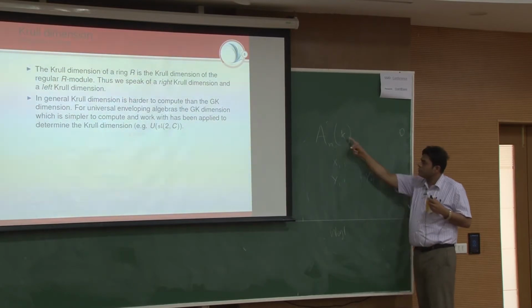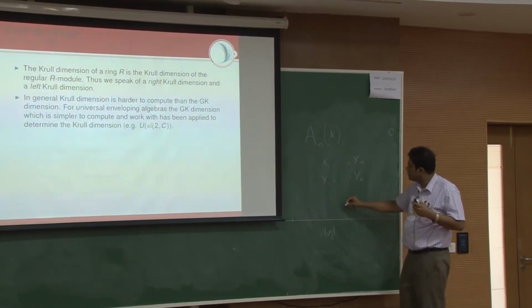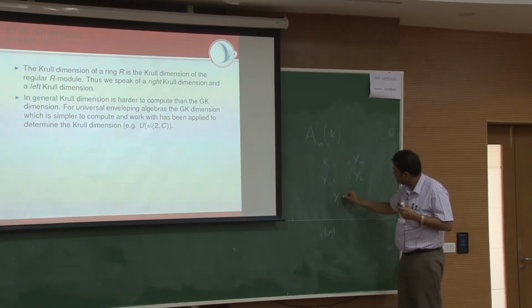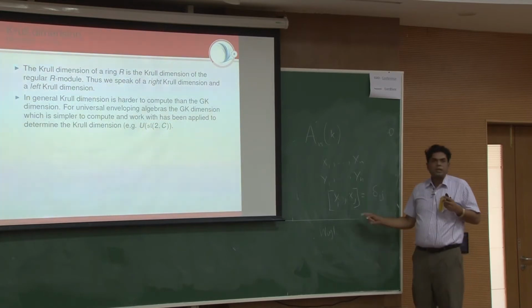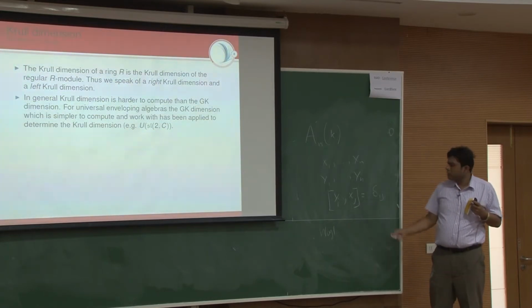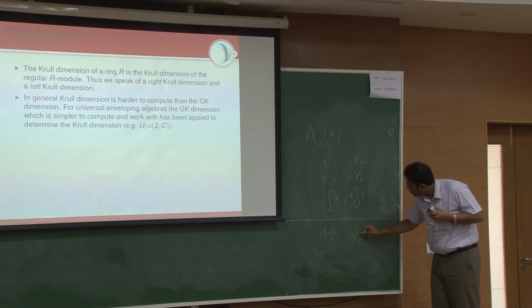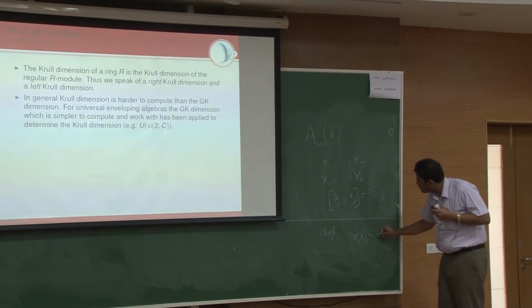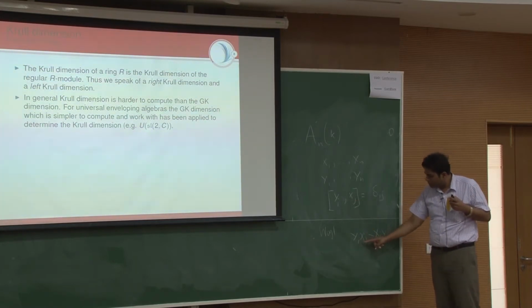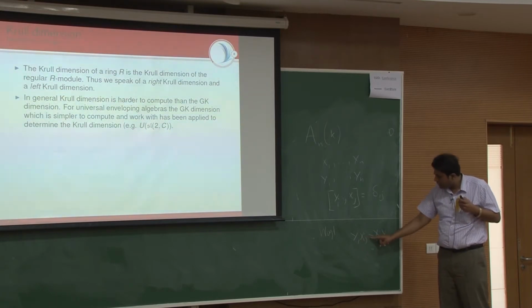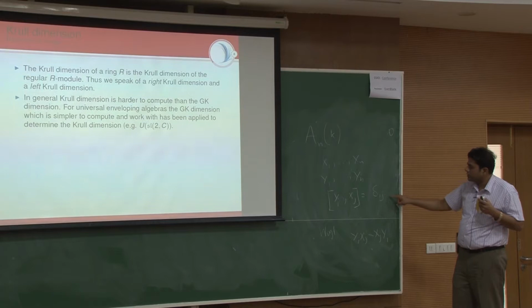These are the generators of this ring, and the relations are: the Lie commutator yixj minus xjyi, where this notation simply denotes yixj minus xjyi, equals the Kronecker delta.